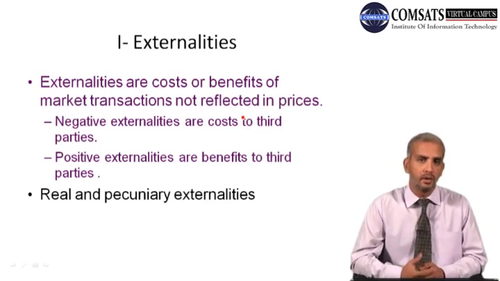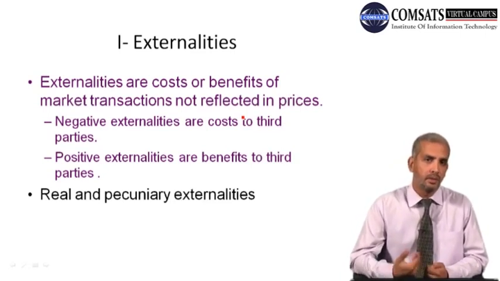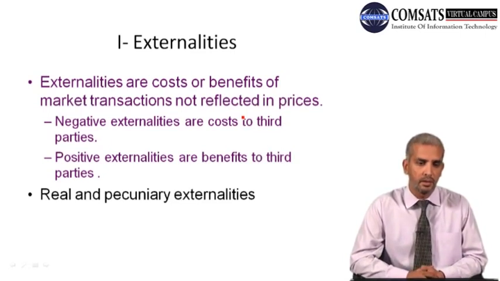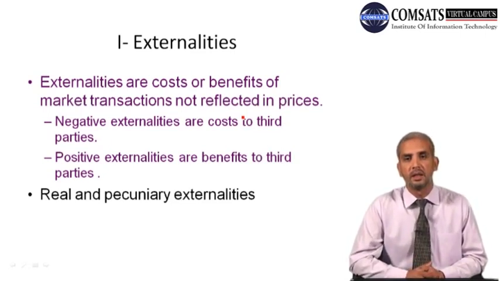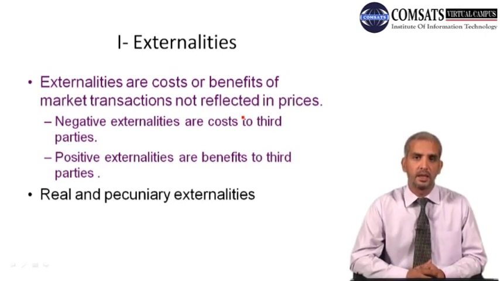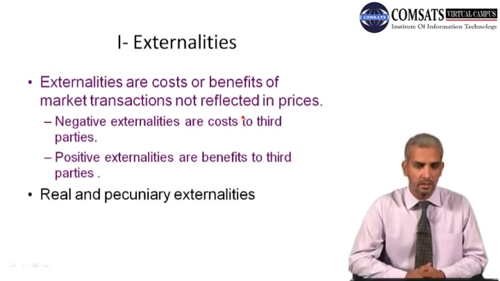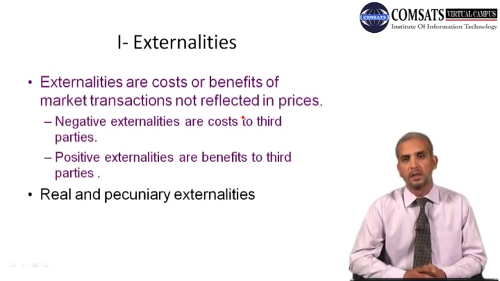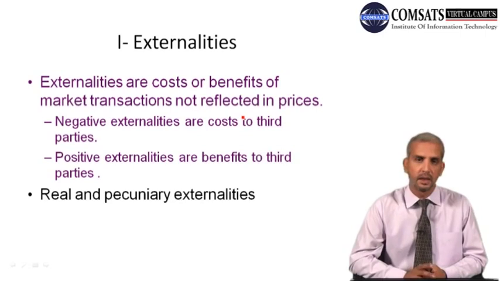Those people who have not received vaccination also benefit from my being vaccinated. So this would mean that there is again a positive externality, because the price of the vaccine does not include that benefit to the general public surrounding me.